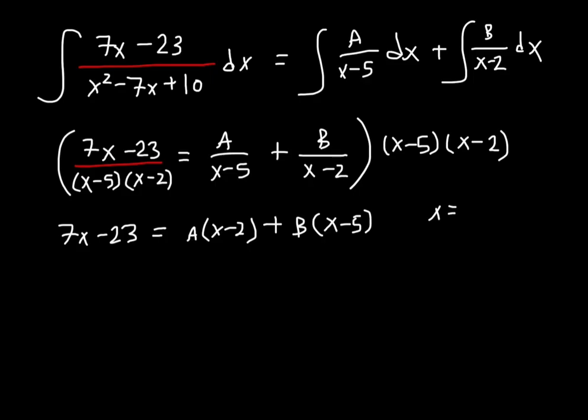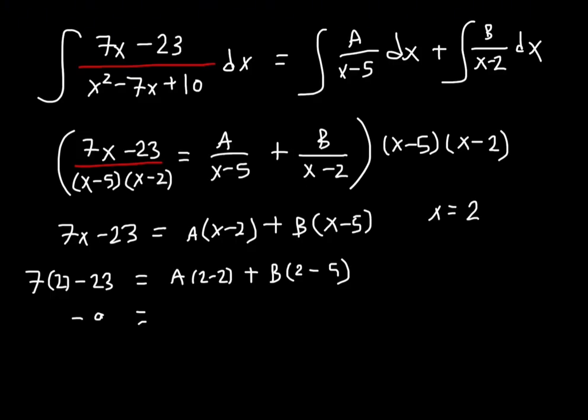So I'll say x is equal to positive 2. So 7 times 2 minus 23 is equal to A times (2 - 2) plus B times (2 - 5). So 7 times 2 is 14, and 14 minus 23 is negative 9, which is equal to, okay, 2 minus 2 is just 0, so A times 0 is just 0.